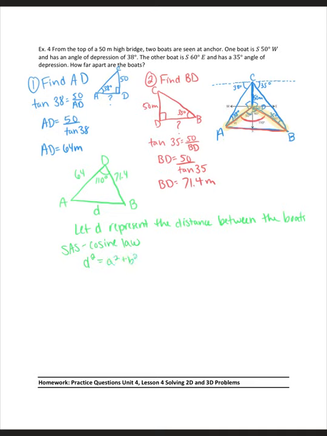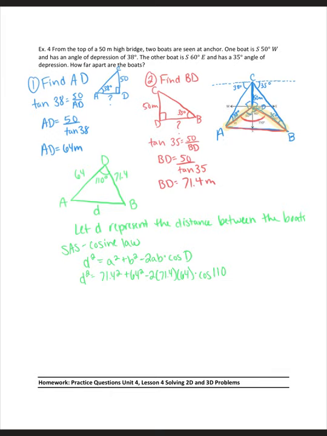It's the sum of the square of the other two sides, minus 2 times those same sides, times the cosine of the angle that's related to that side, so times the cosine of d. So we're going to plug in the information we have. d squared is equal to 71.4 squared plus 64 squared minus 2 times 71.4 times 64 times the cos of angle D, which is 110.